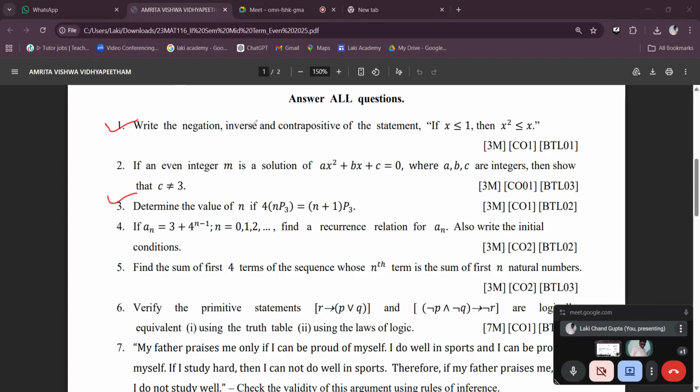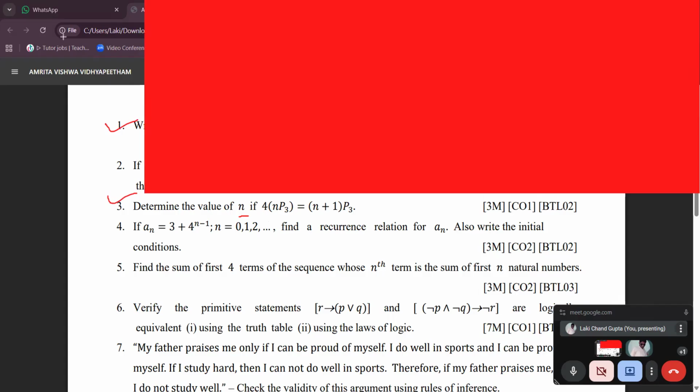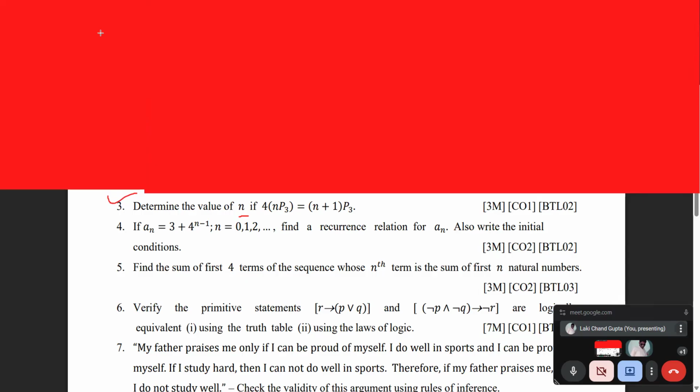So you have to tell what is the value of n, if 4 times n P3 equals n plus 1 P3. n P3 means what?